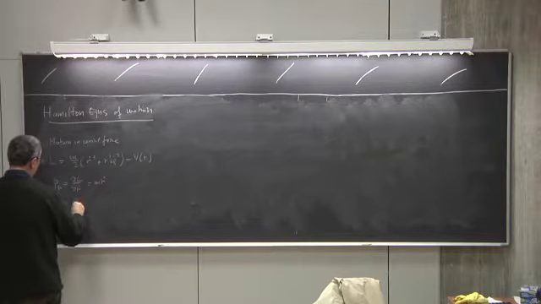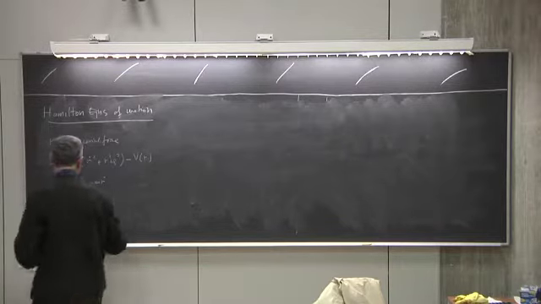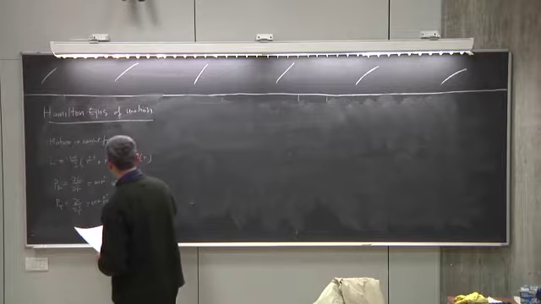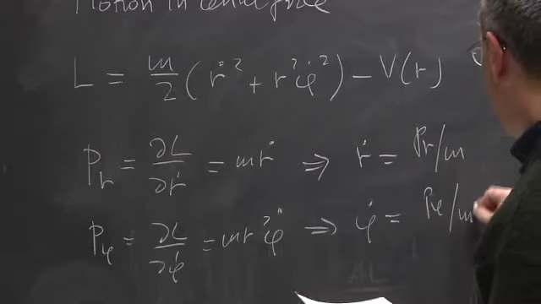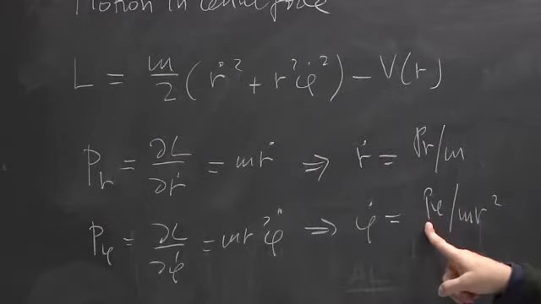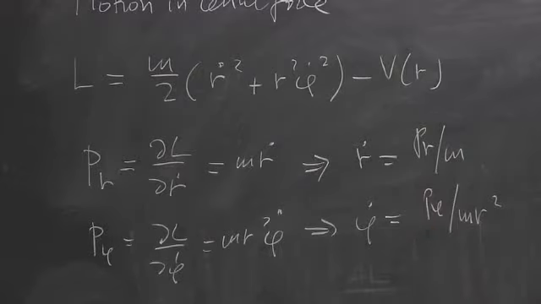And dL/d phi dot is just m r squared phi dot. So from this I get that r dot must be p_r divided by m. And from here I get that phi dot must be p_phi divided by m r squared. This p_phi is just what we called the angular momentum up to now.